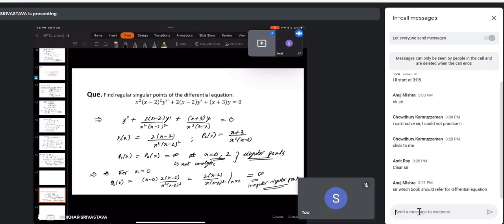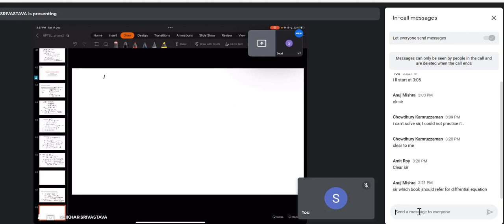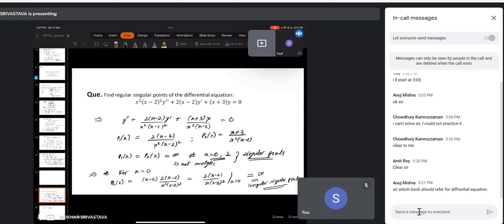Similarly, when you calculate for x equal to 2, q1x will be (x minus 2) times p1x, which is 2 (x minus 2) upon x square (x minus 2) whole square.